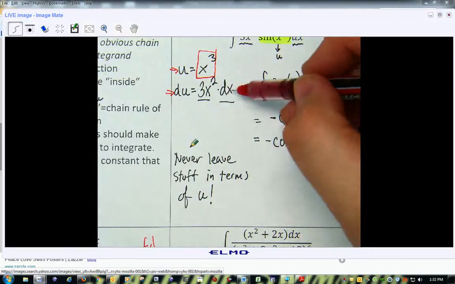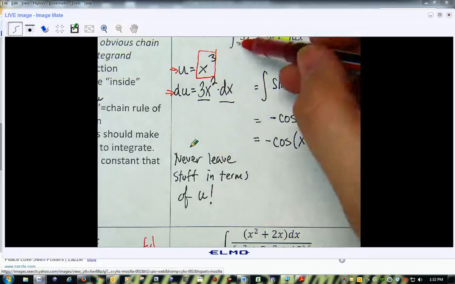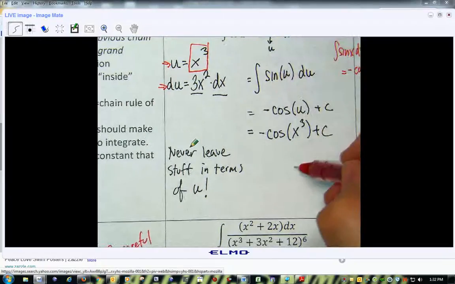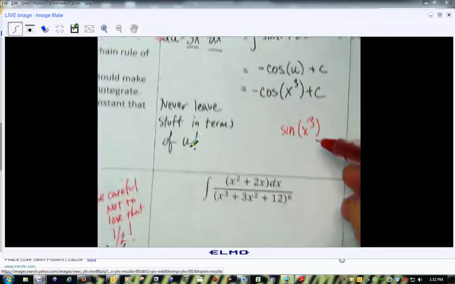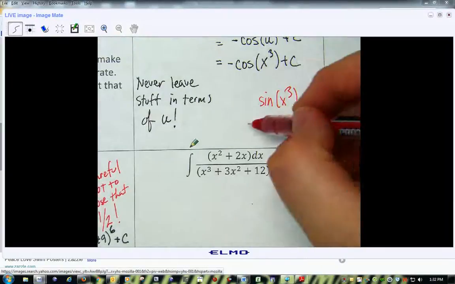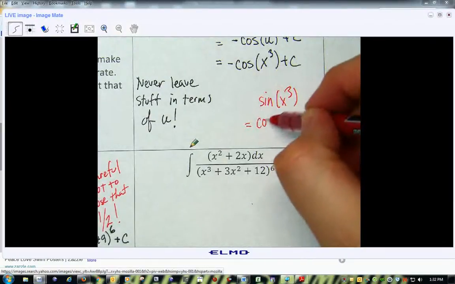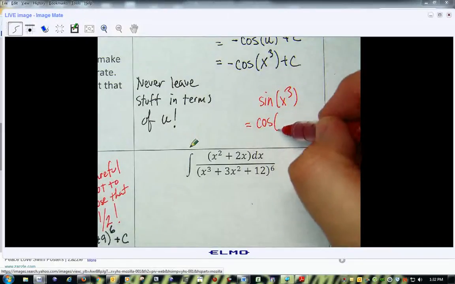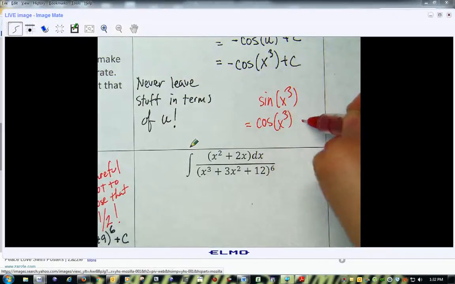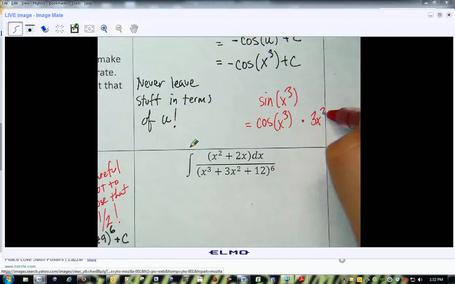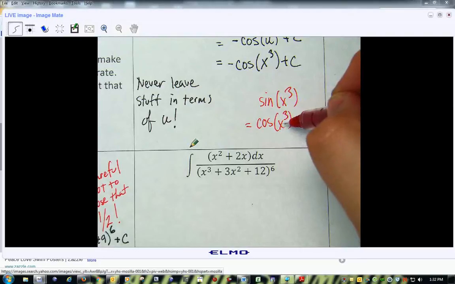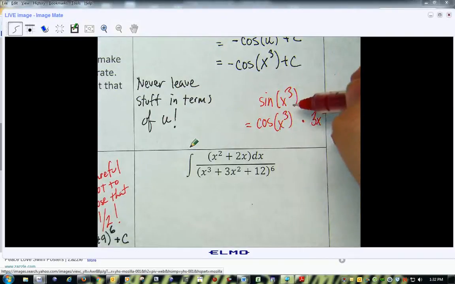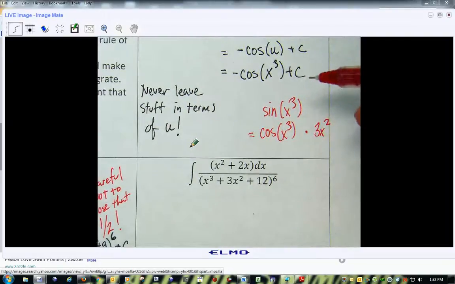Because if I had just the sine of x cubed, and I say take the derivative of that, the derivative of that's going to be negative cosine of x cubed times 3x squared. Or even if I had the cosine of x cubed, it would have been negative sine. So why did it go away then? Why did what go away? 3x squared. Because it was the chain rule.